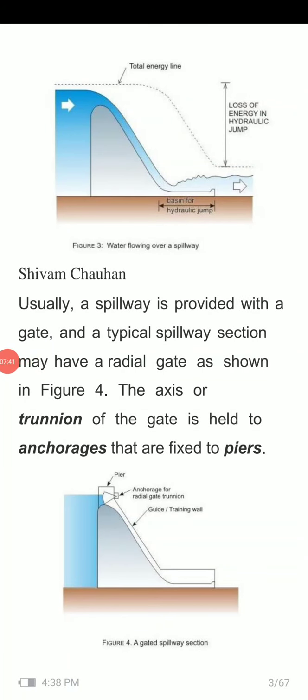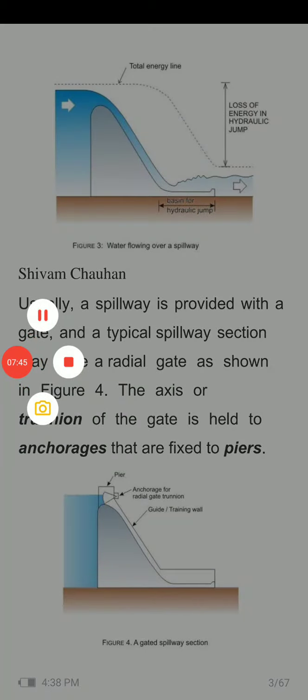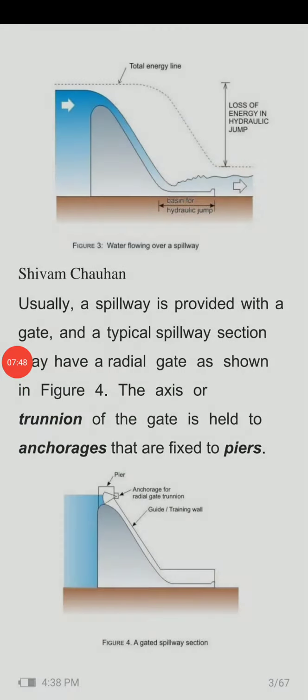The practical width of this gateway is limited to 20 meters. In the gated spillway section, there is also a provision of a guide wall or training wall, used to separate the flow of water from one bay to another.